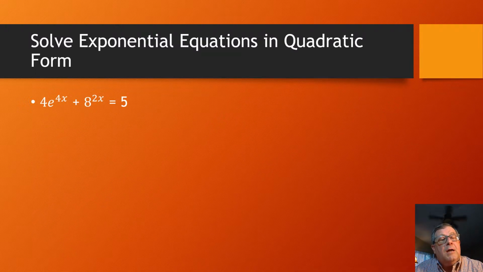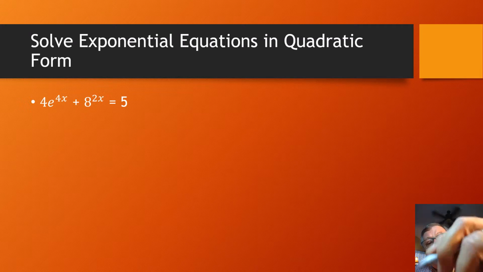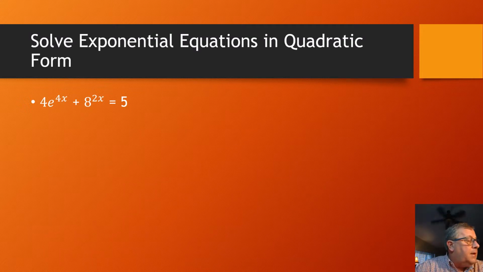One more. This time I've got 4 times the natural base raised to the power of 4x, plus 8 times the natural base raised to the power of 2x equals 5. I left out the e, I'll have to put that back in there.